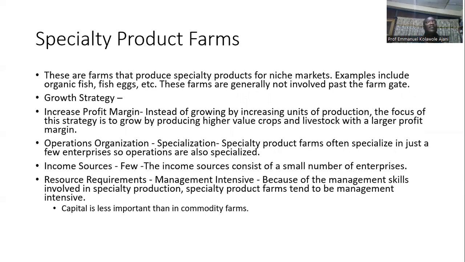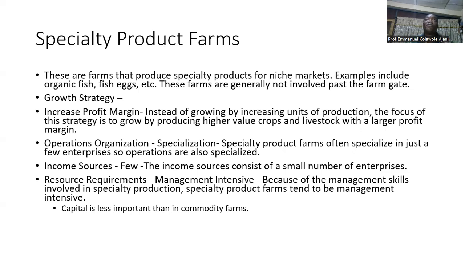Then the next farm type is the specialty product farm. These are farms that produce specialty products for a niche market, including, say, someone producing organic fish. Organic fish is for a special market.